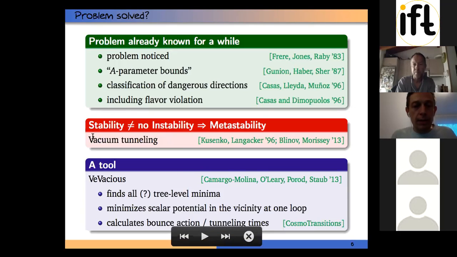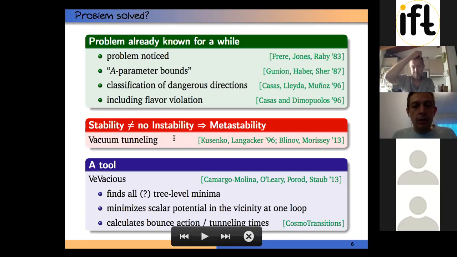Then there has been discussed also already in the 90s the issue of stability, instability, metastability that is related to vacuum tunneling. I'm also going to talk about this a bit more in detail later.